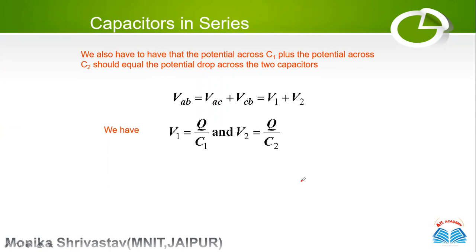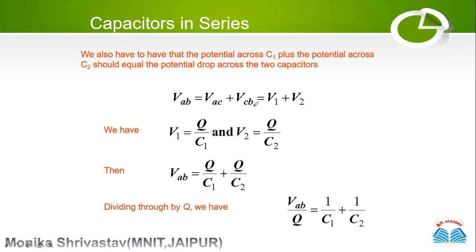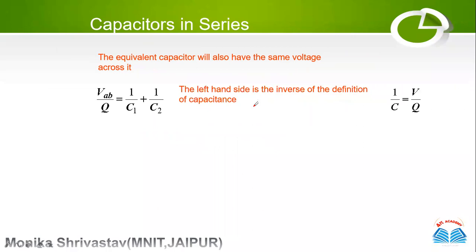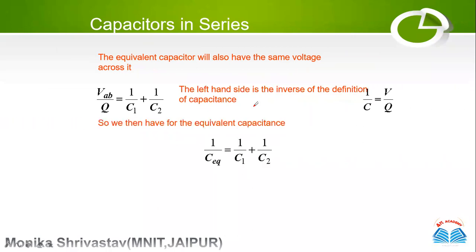So V1 equals Q over C1 for one capacitor, V2 equals Q over C2 for the second capacitor, and like that we get V_AB equal to the sum. Dividing by Q, we get V_AB over Q equals 1 over C1 plus 1 over C2. So the equivalent capacitance is 1 over C equivalent equals 1 over C1 plus 1 over C2. This is the equivalent capacitance for capacitors in series.